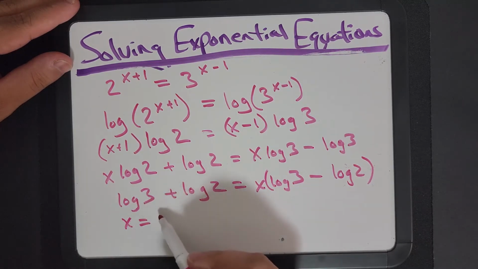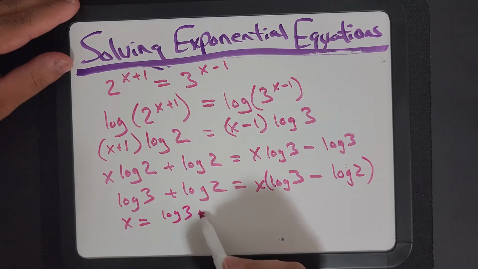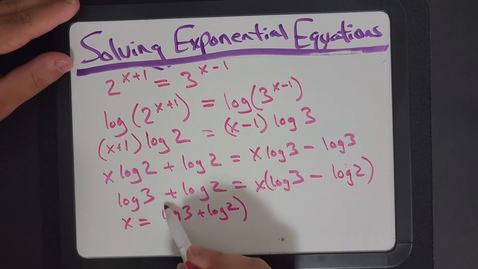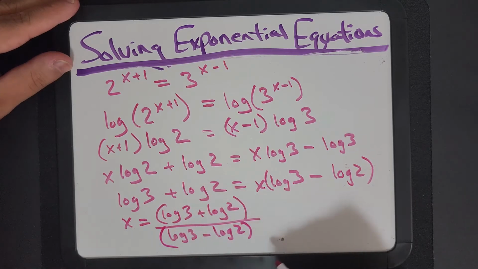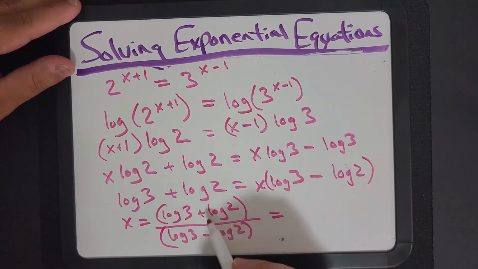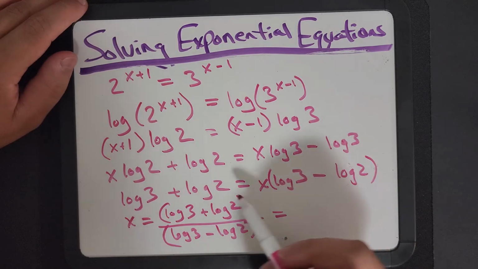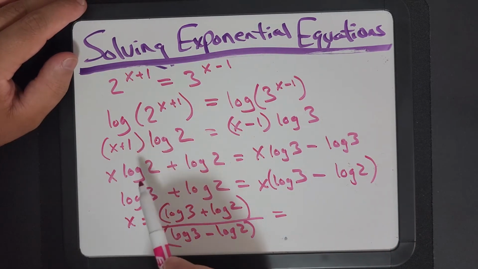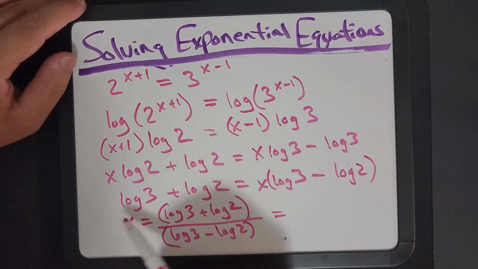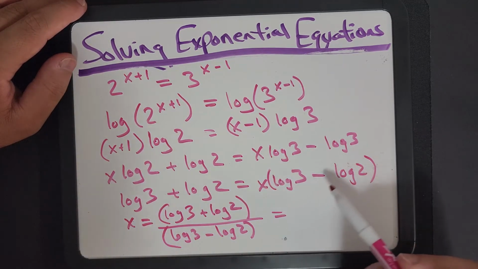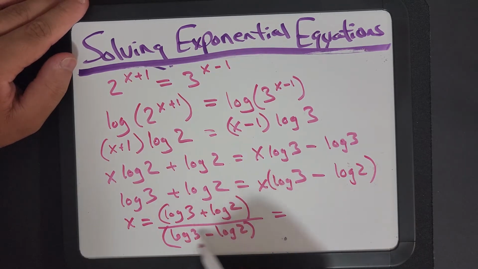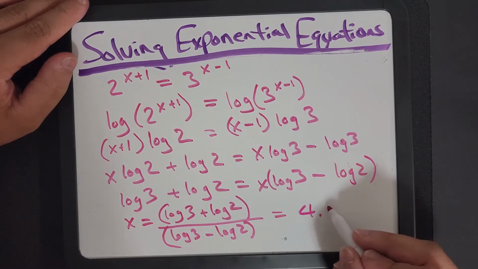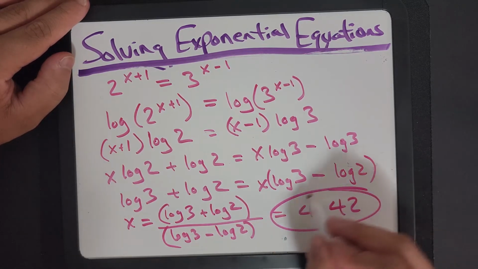X is equal to what is on this side, log 3 plus log 2 divided by what was here, log 3 minus log 2. And there you go. I've successfully taken the x out of there by bringing them out, expanding, moving them to one side, factoring it out, and isolating it. I have x by itself, and I can punch these into the calculator and get about 4.42.